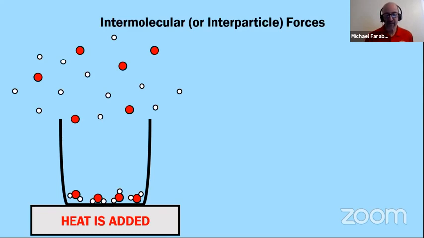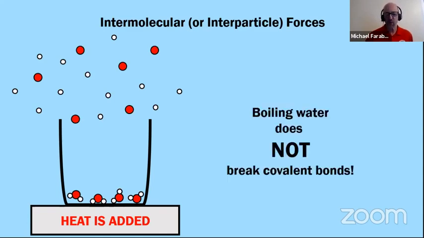going on because they think about you're breaking up the molecules. Now, to say that you're breaking up the molecules can be confusing. You are breaking the molecules apart from each other, but boiling water does not separate water into hydrogen atoms and oxygen atoms. Boiling water is a phase change that does not break covalent bonds.